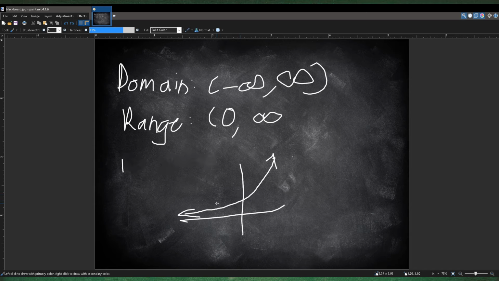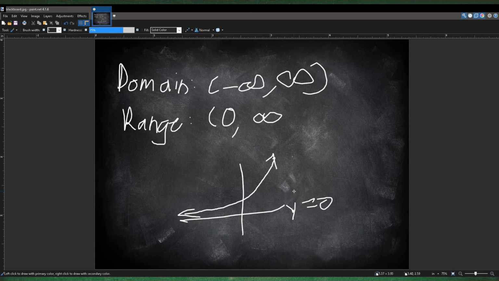Now asymptotes. As I discussed in part 1 of chapter 3, where I talked about rational functions, I introduced the idea of asymptotes. There is an asymptote only at y equals 0, because as the graph approaches negative infinity, a really large negative number over here, it approaches the x-axis, and the x-axis is just y is equal to 0.